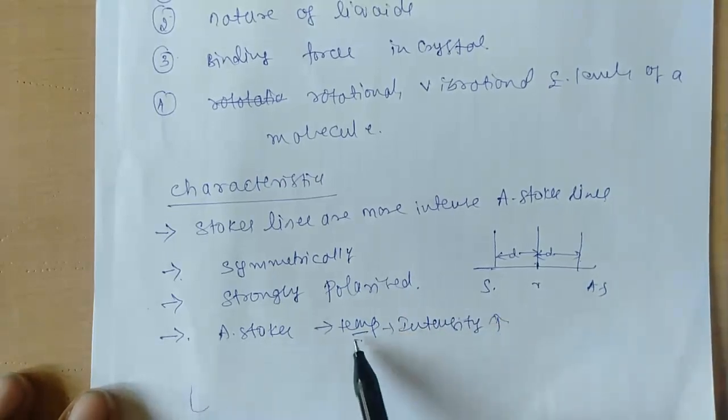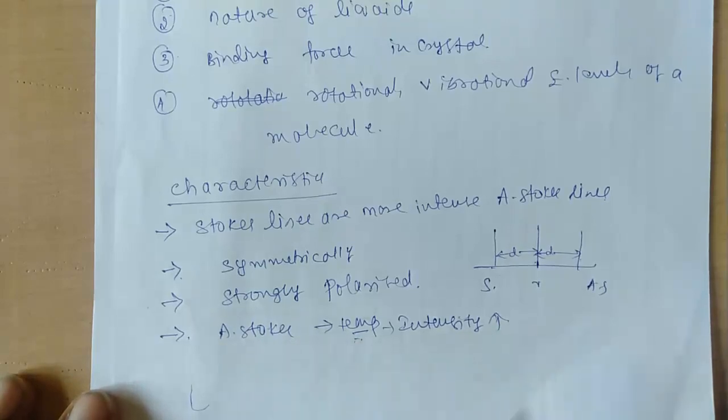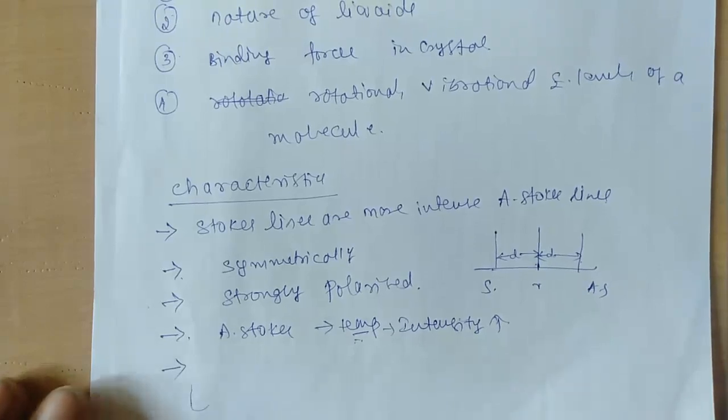That is, if you increase the temperature of the substance by some means, the intensity of the anti-Stokes lines will go on increasing. So the next and the last characteristic is that the frequency difference between the modified lines represents the frequency of the corresponding infrared absorption lines.